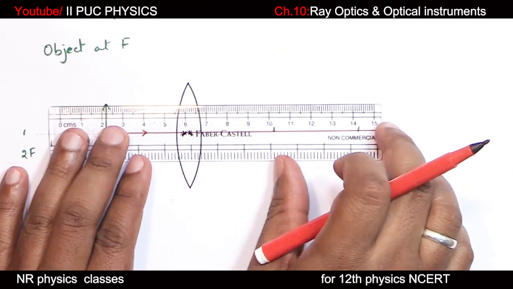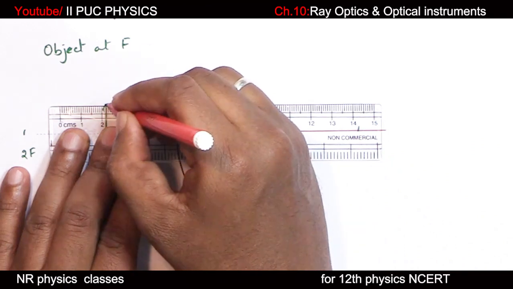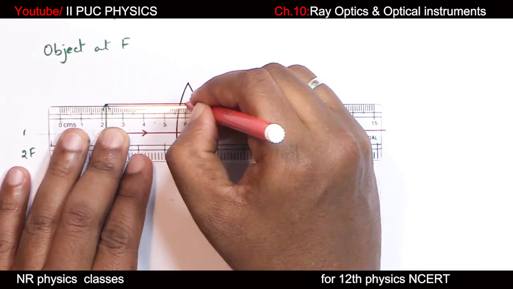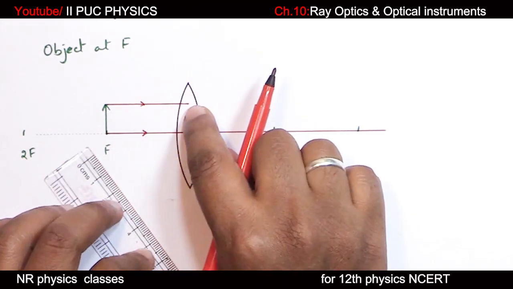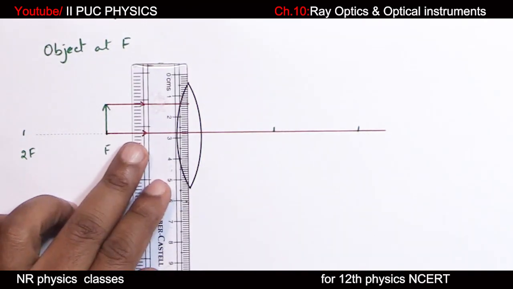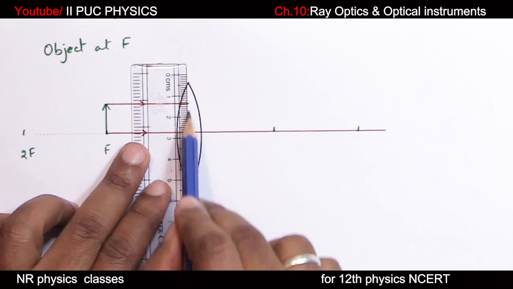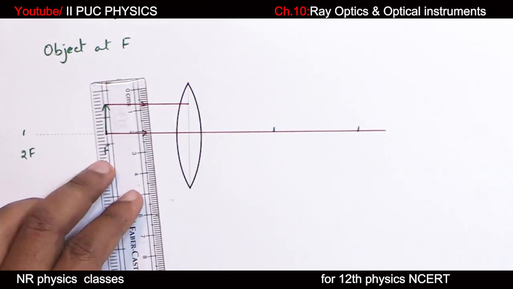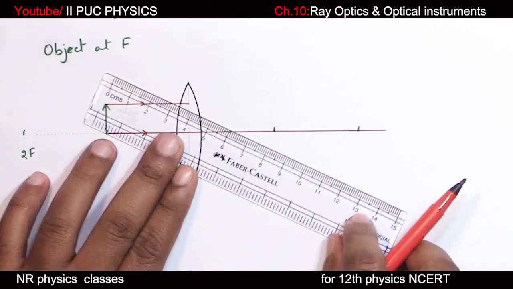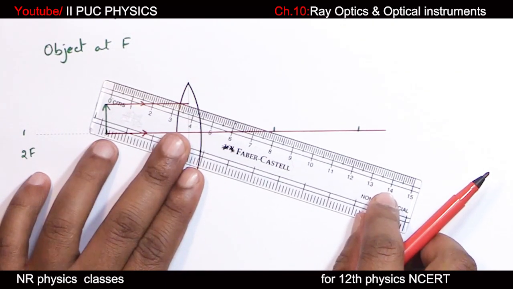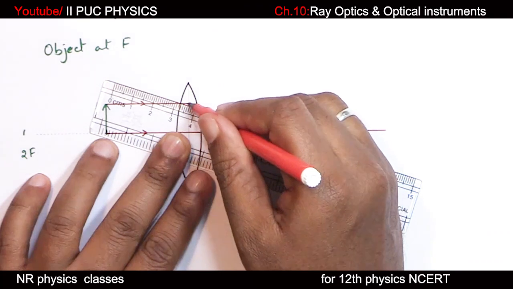Second ray, parallel to principal axis. Draw incident ray till principal section. Again, principal section is this imaginary line. Since this is parallel to principal axis, after refraction, it should pass through the focus.